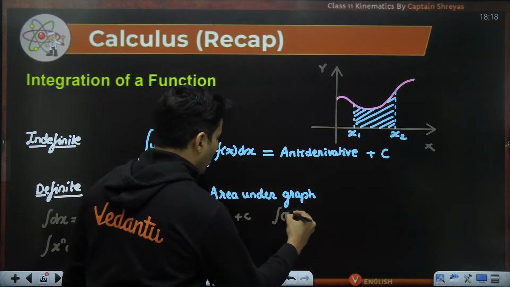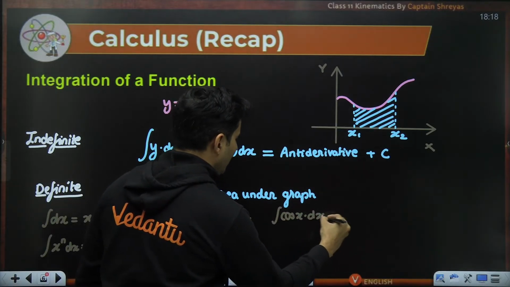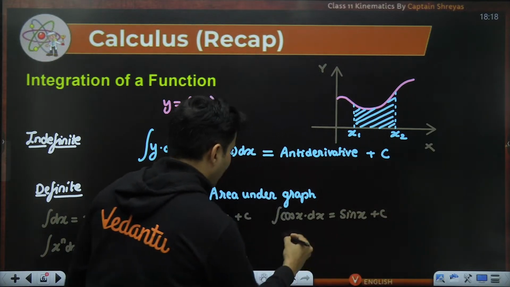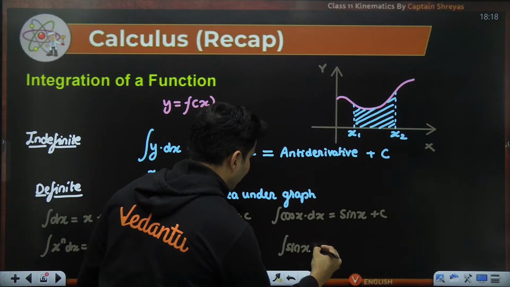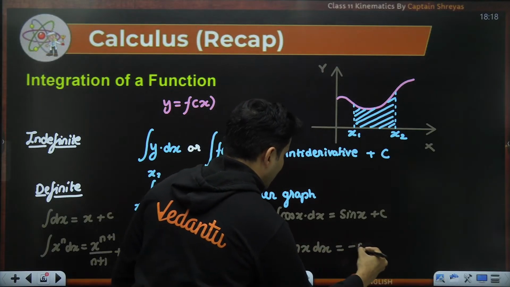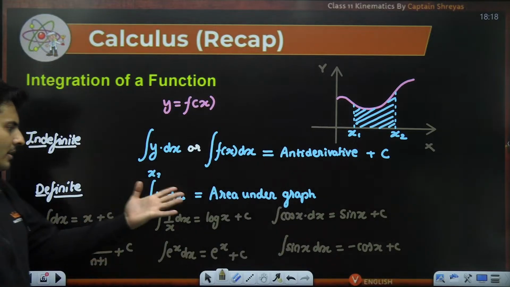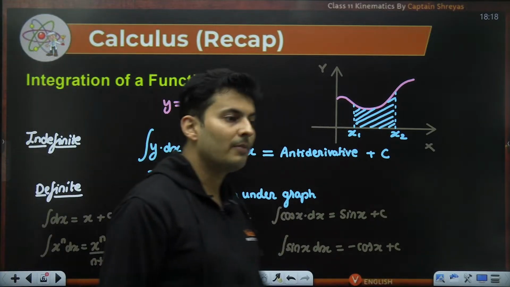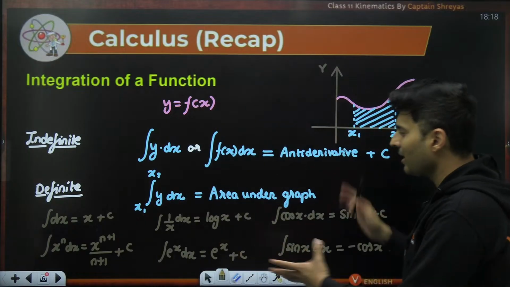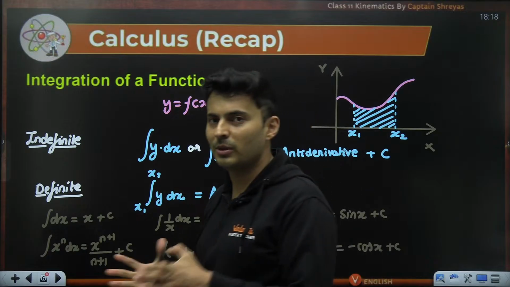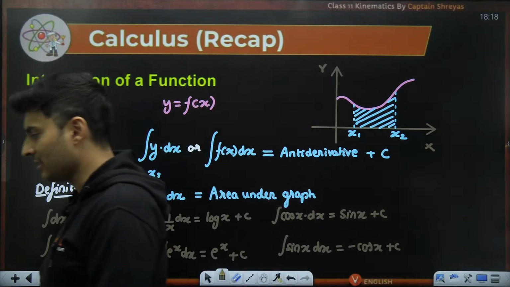Integration of cos of x is nothing but sine of x, and integration of sine of x is negative cos of x. All these things we have seen in the basics of mathematics class. Just a quick recollection. There are many more formulas, but I'm giving you the usual formulas which you will be encountering in most of the physics part.